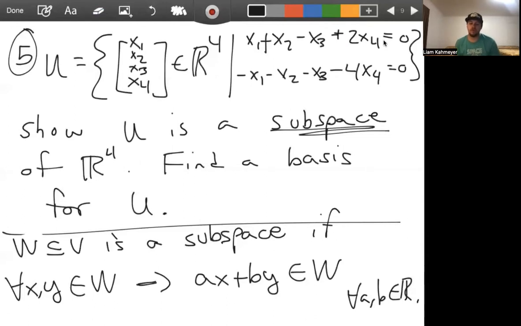You can see, for U, if you let x1 through x4 all be 0, then that criterion is satisfied. So 0 is an element of U. We don't really need to worry about that.